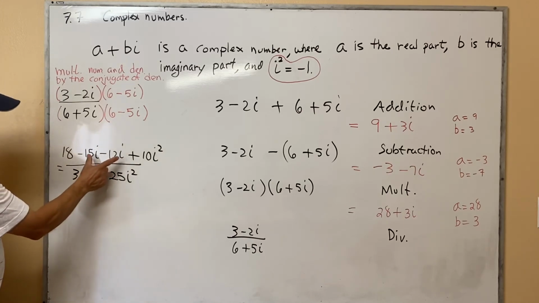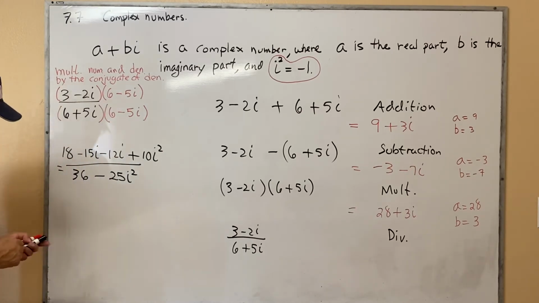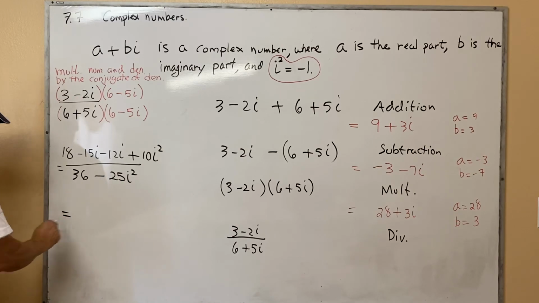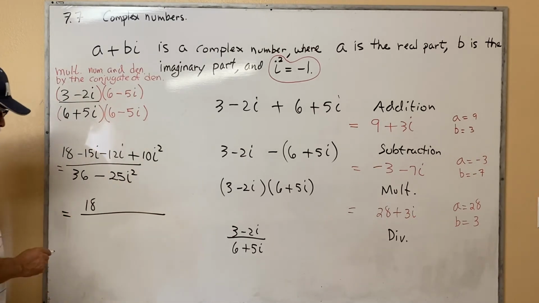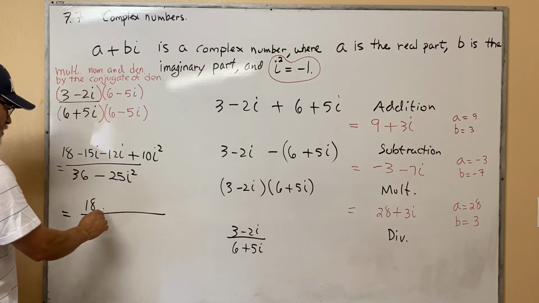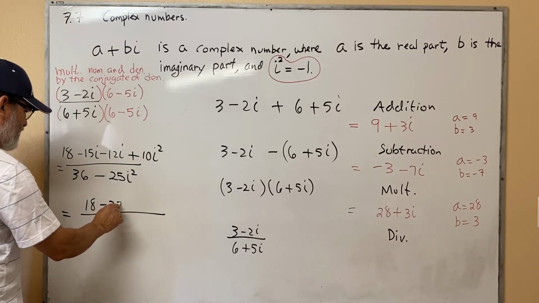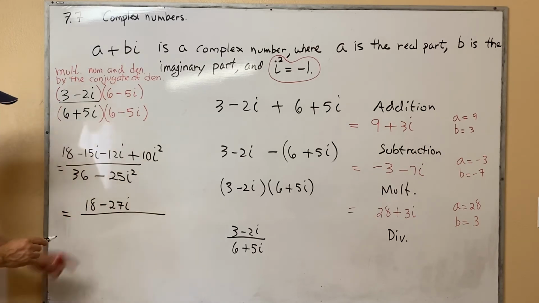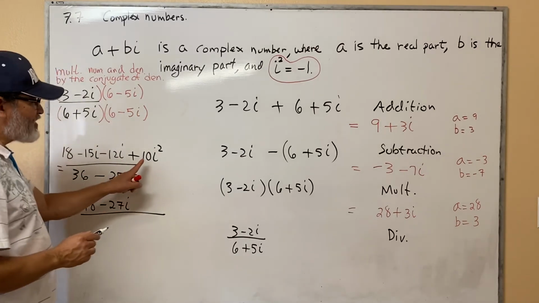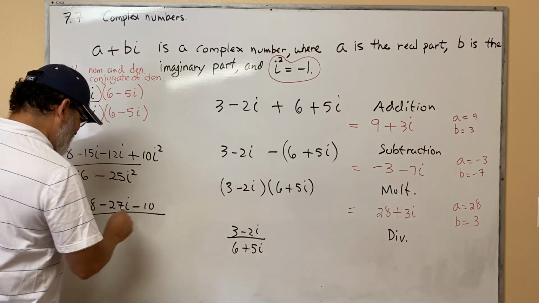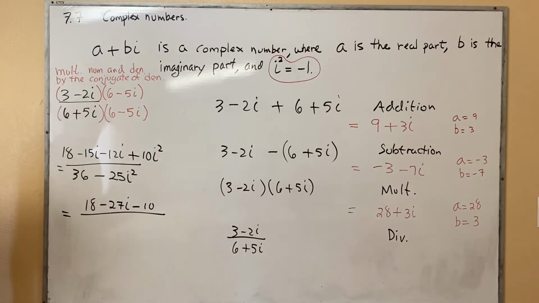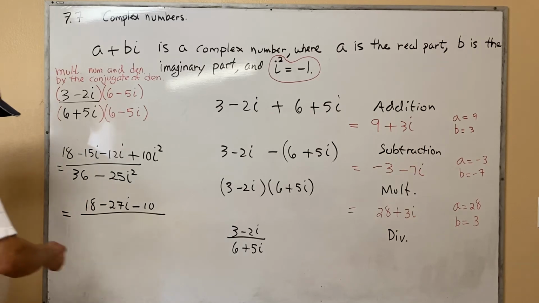And I'm going to combine those two together. Okay. So let's do that. So that's 18. When you combine those two, negative 27i. And then what's 10 times negative 1? Minus 10. Don't forget, this is negative 1. Negative 1 times 10 is negative 10. That's 36 in the denominator.